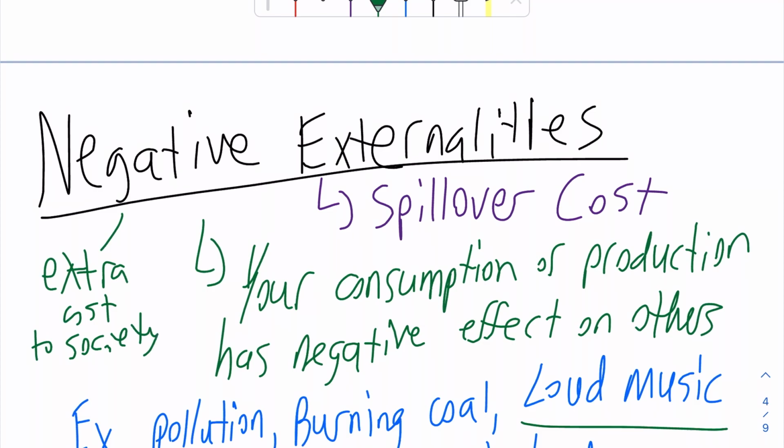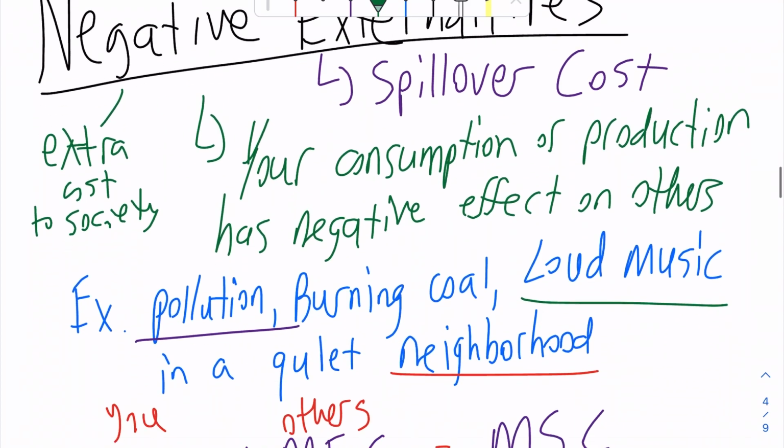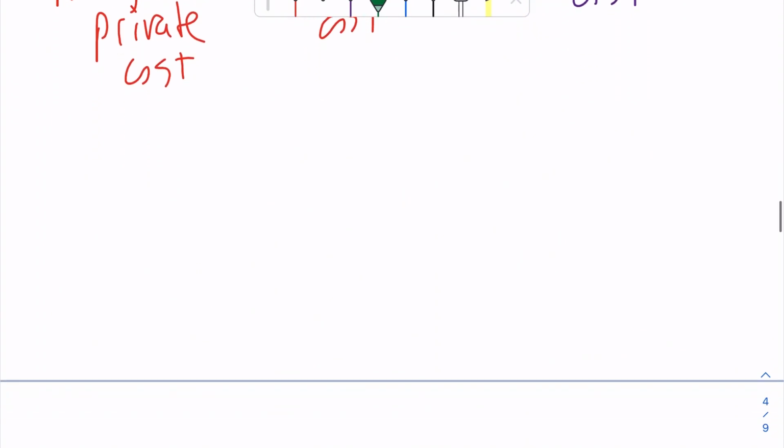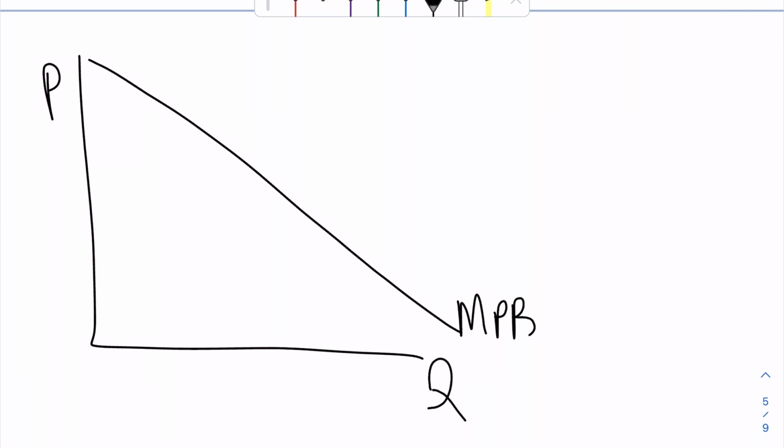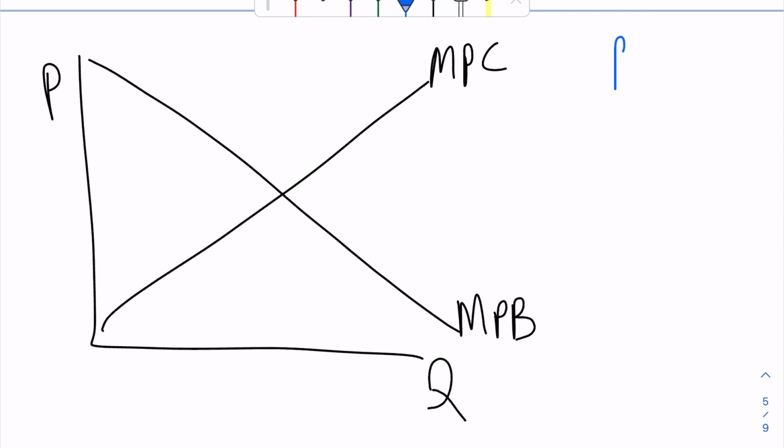Okay, so then the next thing becomes, what does this look like on a graph? That's a good question. Just like a positive externality, you're going to have the price and quantity. You will have your marginal private benefits and your marginal private cost. Now, let's say it's pollution.